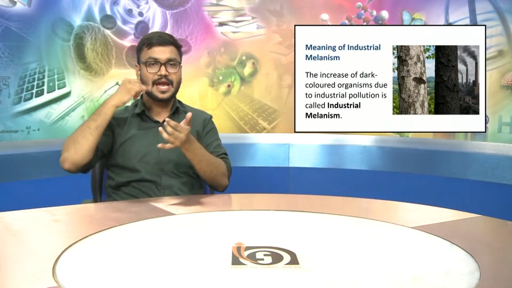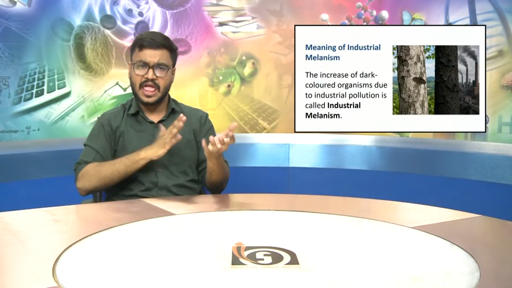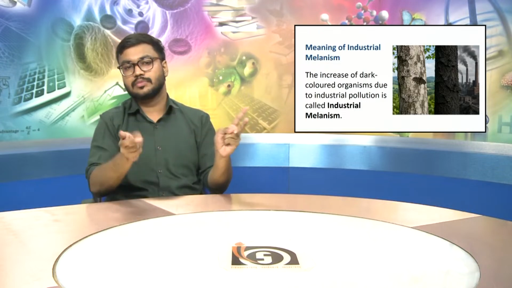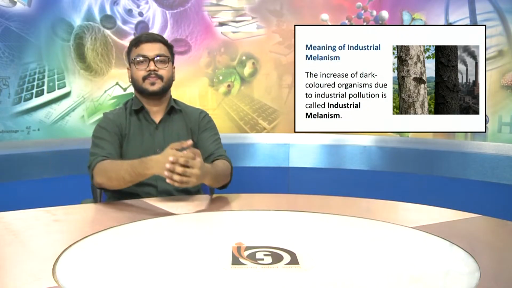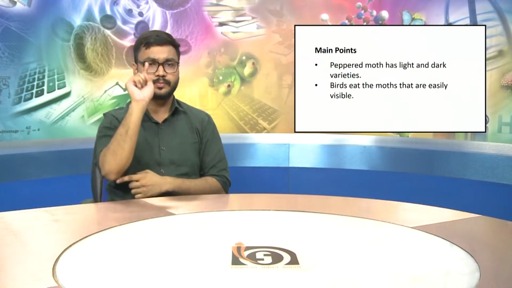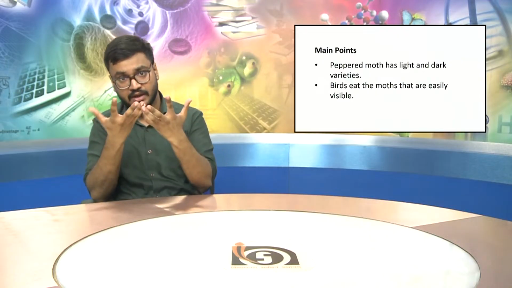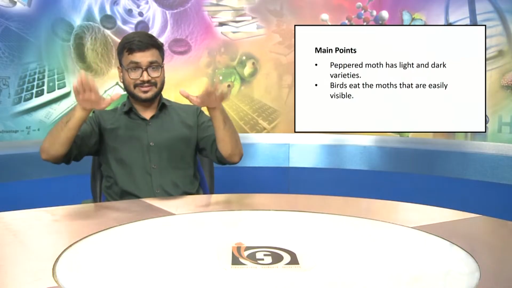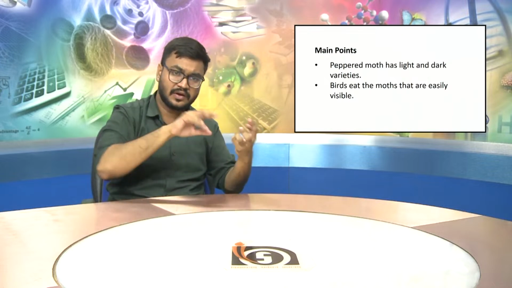Meaning of industrial melanism. The increase of dark colored organisms due to industrial pollution is called industrial melanism. What's the main point we get from this example? The peppered moth has light and dark varieties, and birds can easily eat the moths which are visible.